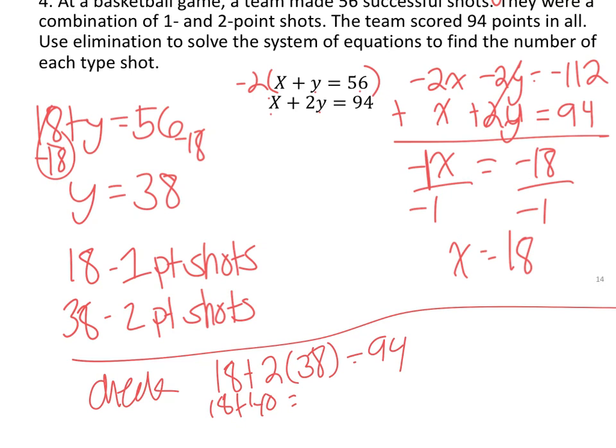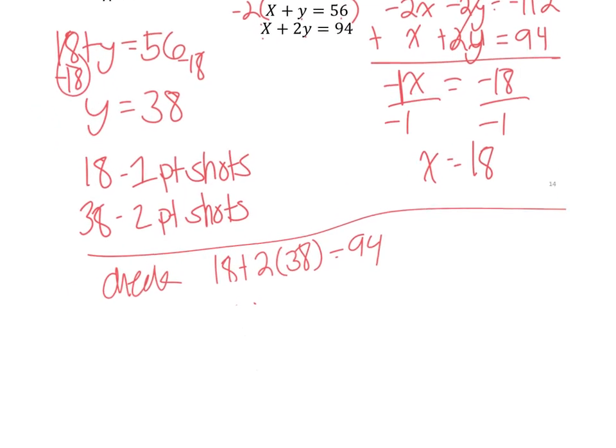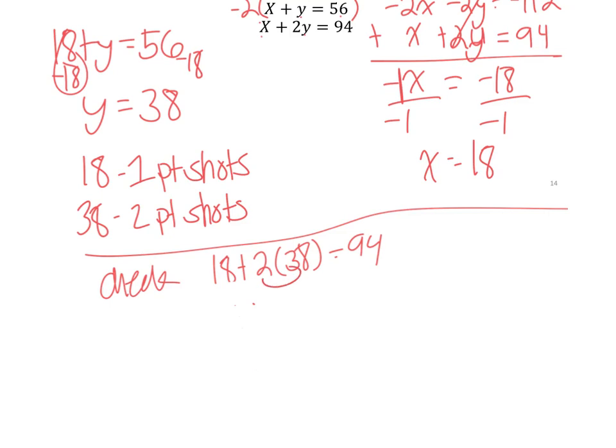Once again, I added, getting in too big of a hurry. 2 times 38 gives me 76. 76 plus 18 gives me 94.